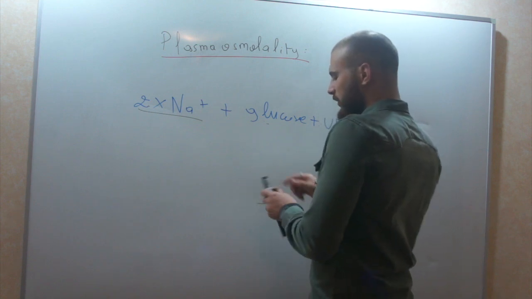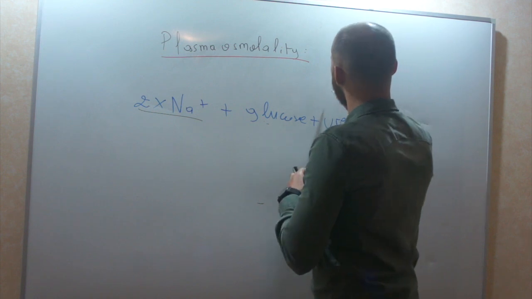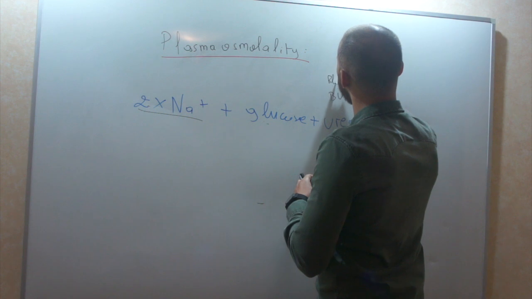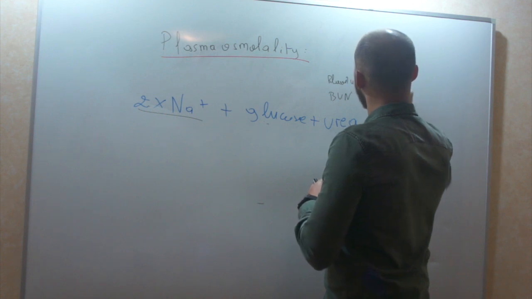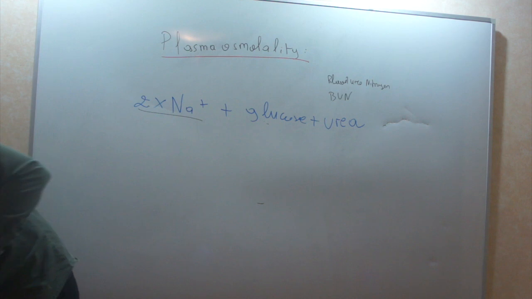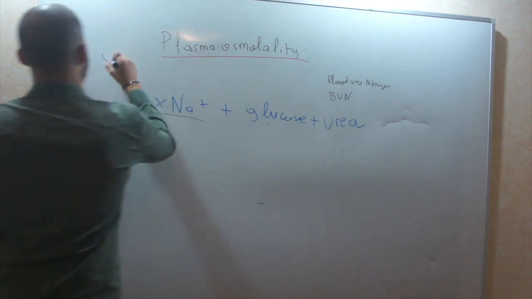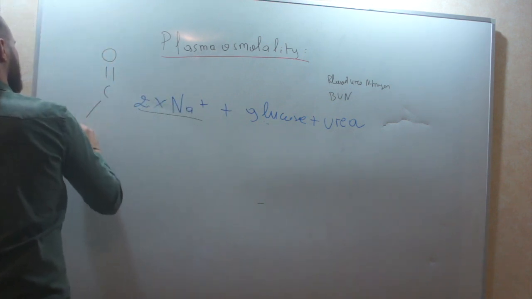Urea, we call it BUN mostly. BUN, blood urea nitrogen. Why do we call it like this? Because in the molar mass we account just for the nitrogen.